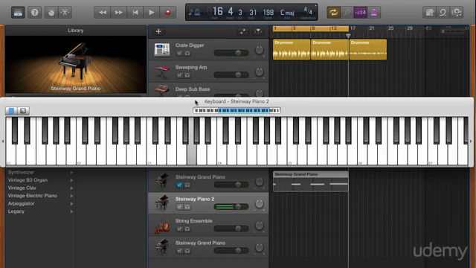C, G. He plays C again, G, E, and he kind of adds a little extra jazzy element with D. And then he just does the same type of pattern on the 6th chord. So he's playing the bass note right here.